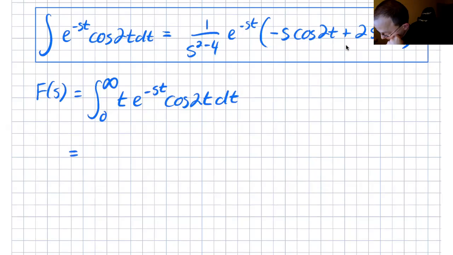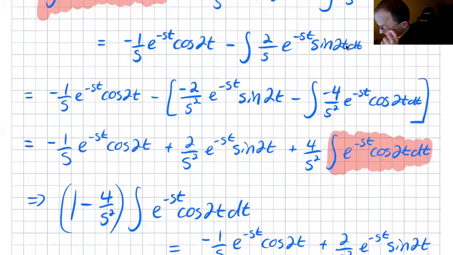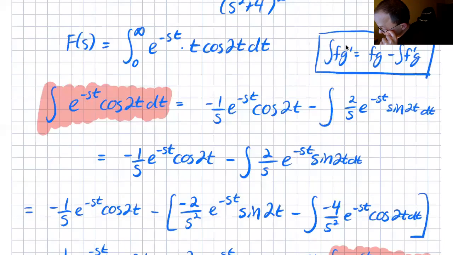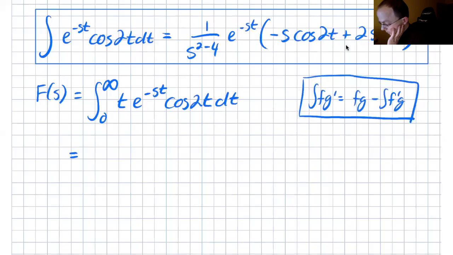Okay, integration by parts. So I'm going to use, this will be the f. So I get t e to the negative, oh, and then the integral of this, and that's where we need this expression here.